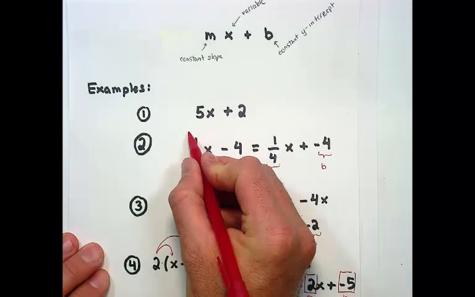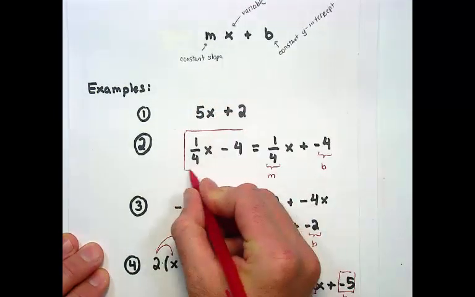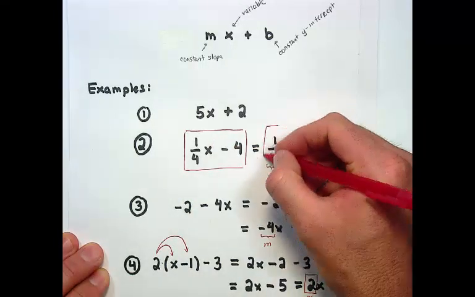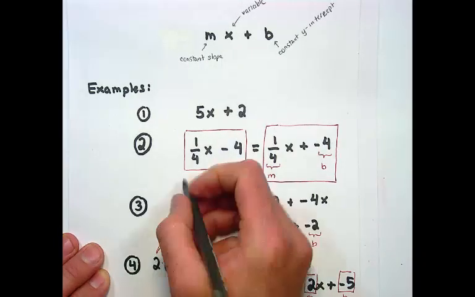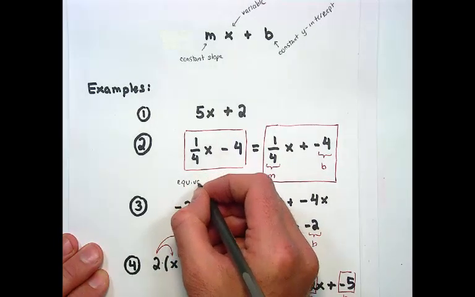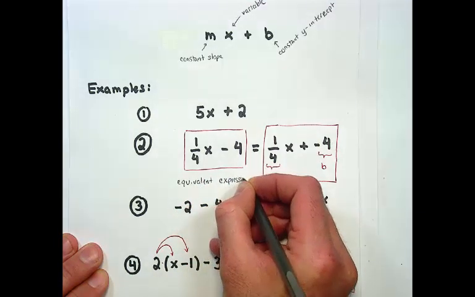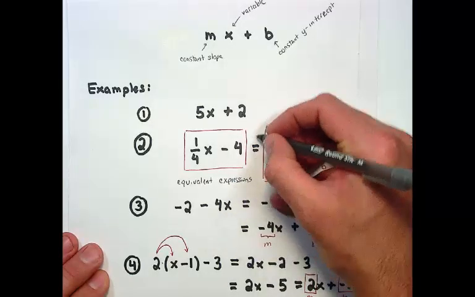One of the things that we will get used to is understanding this expression on the left-hand side and this expression on the right-hand side. We call these equivalent expressions. And equivalent expressions are always connected by an equal sign.